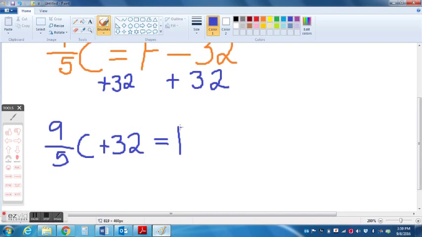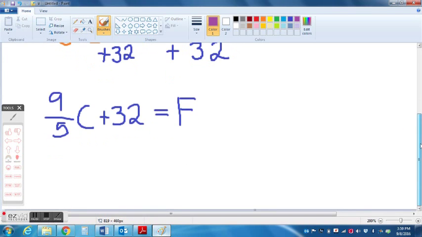Now, you might have something that looks a little different, and that is just fine, because this is actually just the same thing as if you had written, say maybe 9C over 5, because maybe you multiplied by 9 and then divided by 5 later, and so it looked like that for you, plus 32.